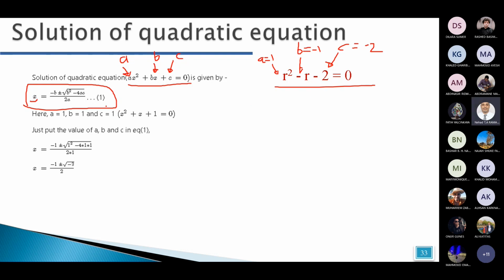Now to solve it, we will apply this formula.